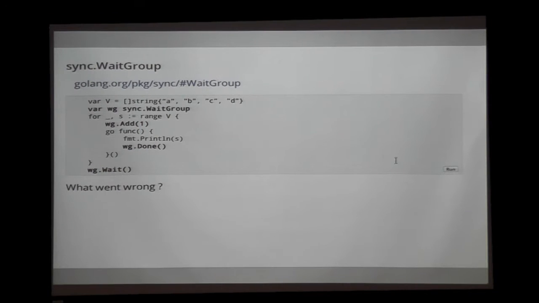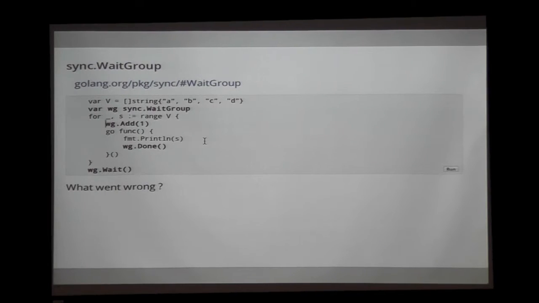Now, one thing some people do that is incorrect is put the wg.Add(1) inside the Go routine, and since that Go routine is not likely to start until after this blocks, what ends up happening is they don't all get added before you wait.